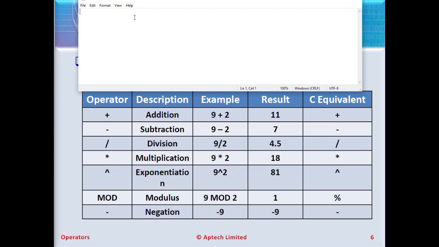If you're dividing 9 divided by 2, the way we would normally do it, you'd actually get 4.5. Now, when you're doing integer division and you do 9 divided by 2, this one gives you 4. What happens with the other part is that it is dropped, what we call truncating. So kindly note that. So here we are doing what is called floating point division.